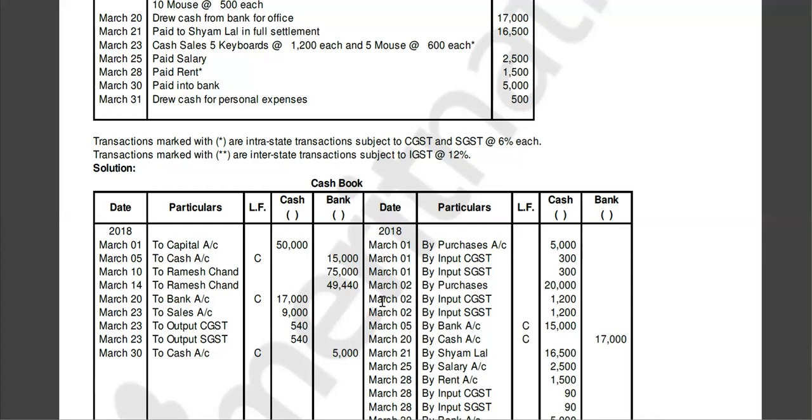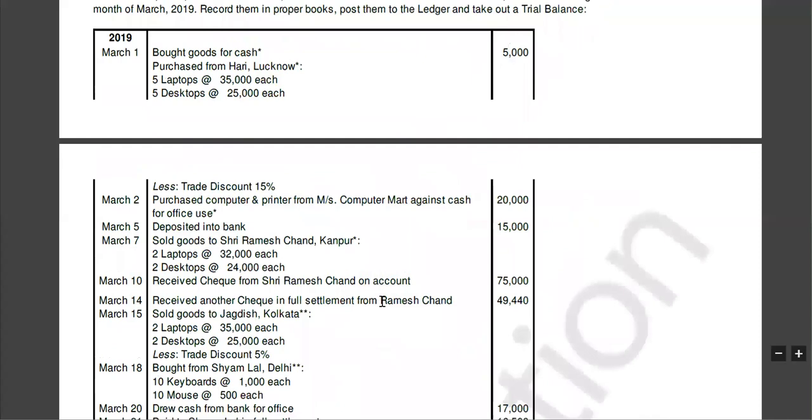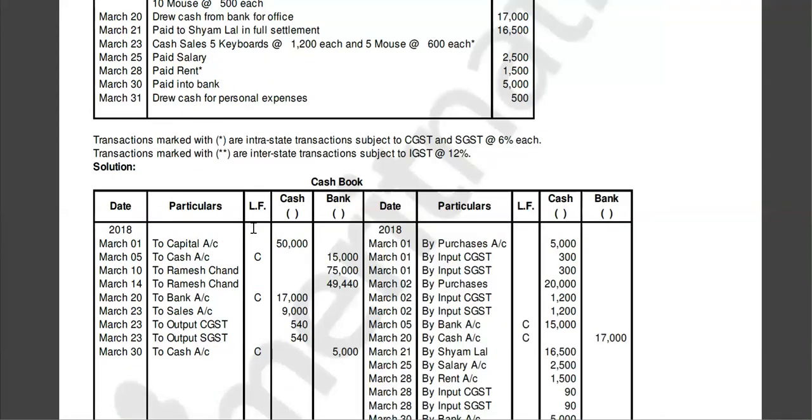The next transaction, March 5: deposited into bank 15,000. See, deposited into bank. Now, what entry will come?